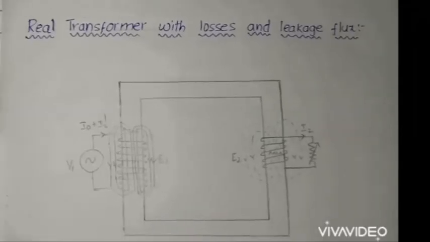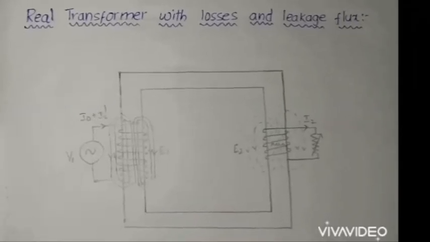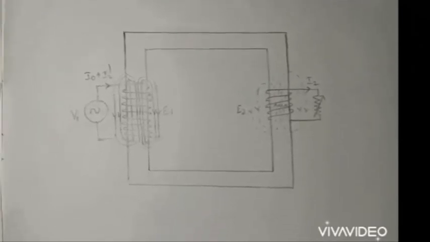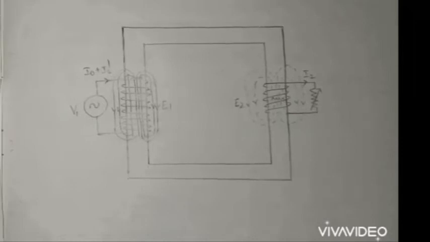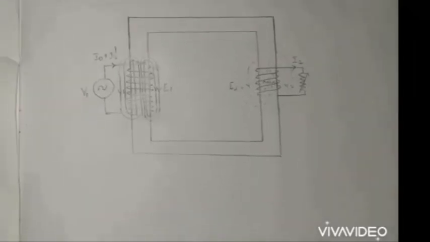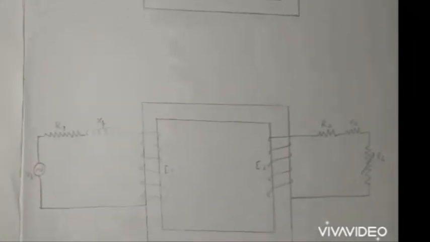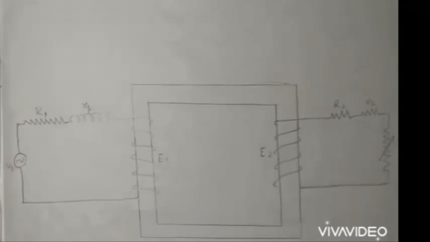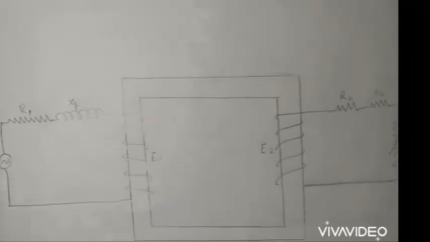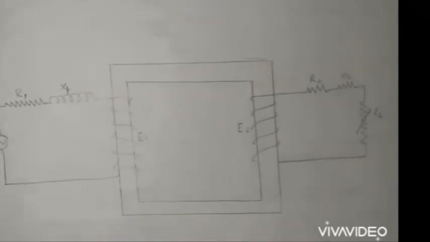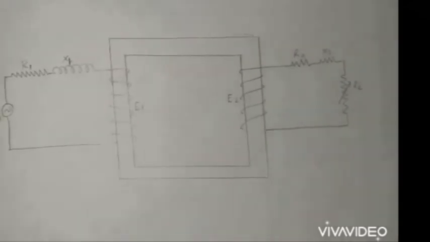Finally, we are at the end with the real transformer with losses and leakage flux. The flux produced by the current I0 plus I2 dash is not completely linked with the secondary winding and vice versa. An actual transformer with magnetic leakage can be equivalent to an ideal transformer with inductive coils at both primary and secondary. Let us draw the phasor diagram for this actual transformer.